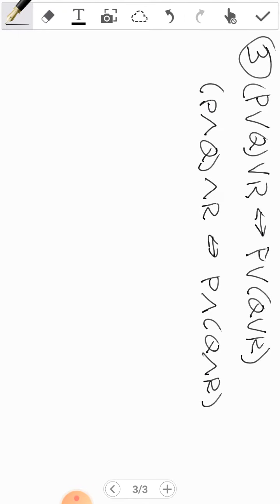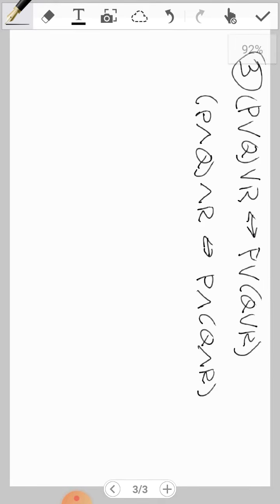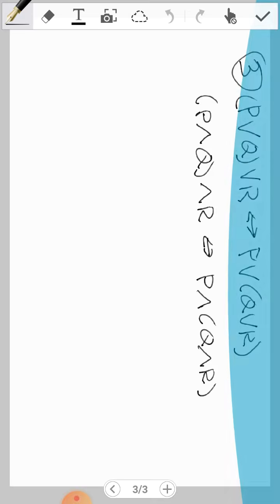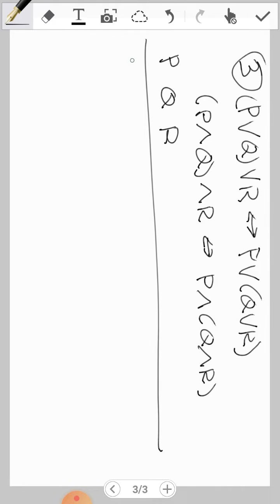We can just show one and then you can verify the other. And we have three propositions, P, Q, R.